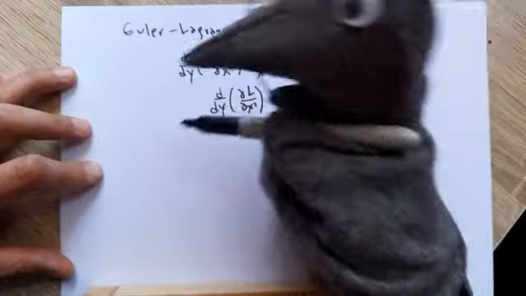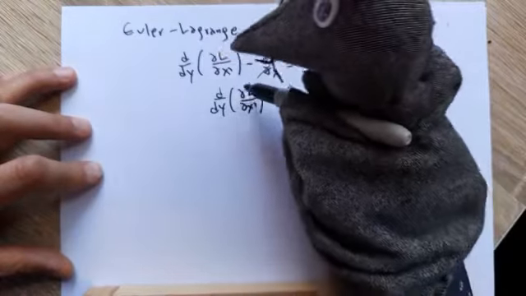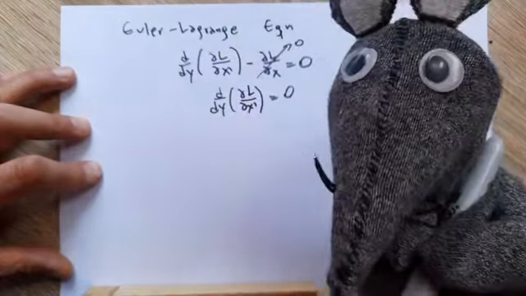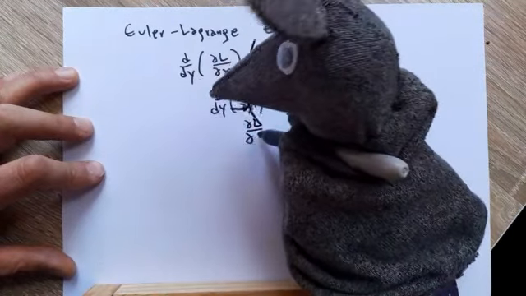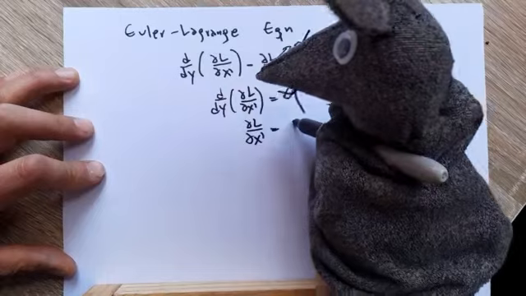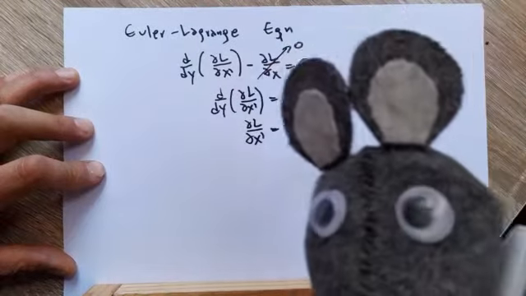As the derivative of this term is equal to 0, then we got that ∂L/∂x prime equals a constant. Let's call it c.